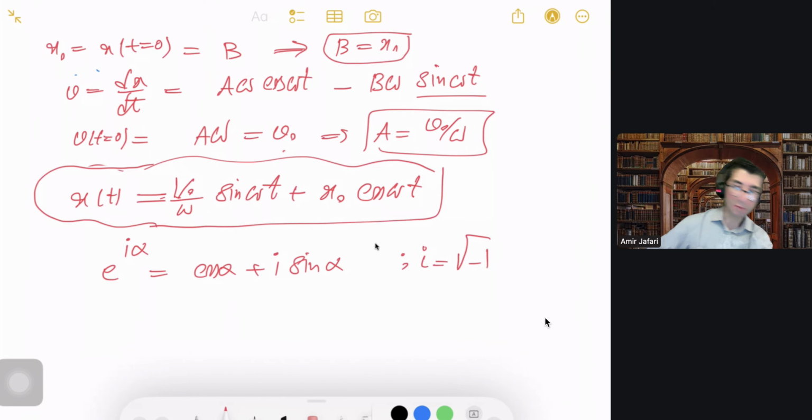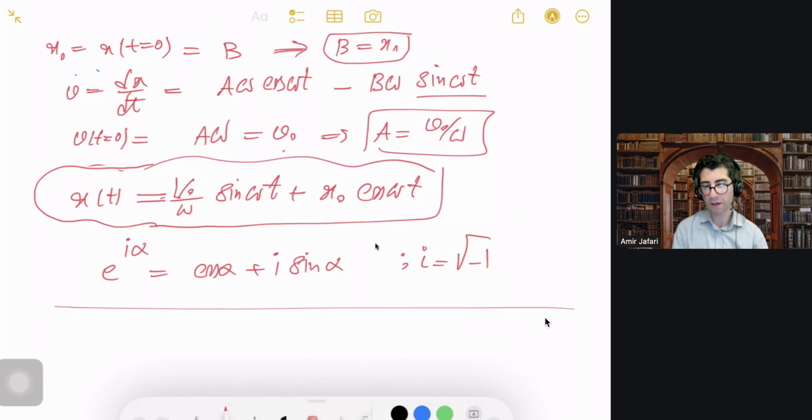If you are familiar with complex numbers, you can use this formula to rewrite the solution as a complex function and get the real part. But if you're not familiar, it's okay. You can also combine sine and cosine in this formula to rewrite it again as a single sine or cosine function, and so on and so forth. So there are different ways, but this is one way, and it's equivalent to other ways.